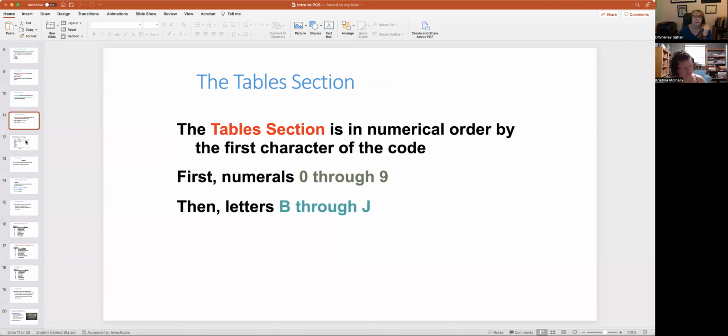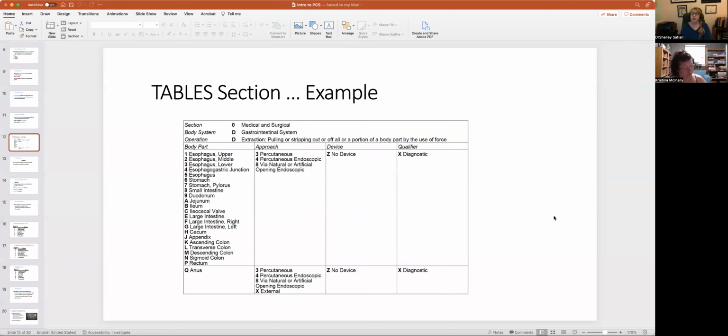All right. So the table section, for example, looks exactly like what? A table, right? You see we got rows, we got columns. So as you go through, you build your code. You know that this is going to be a medical or surgical procedure. As we go through, you will learn about the other sections. The med-surg section in PCS is the largest section because, think about it, what do hospitals do?